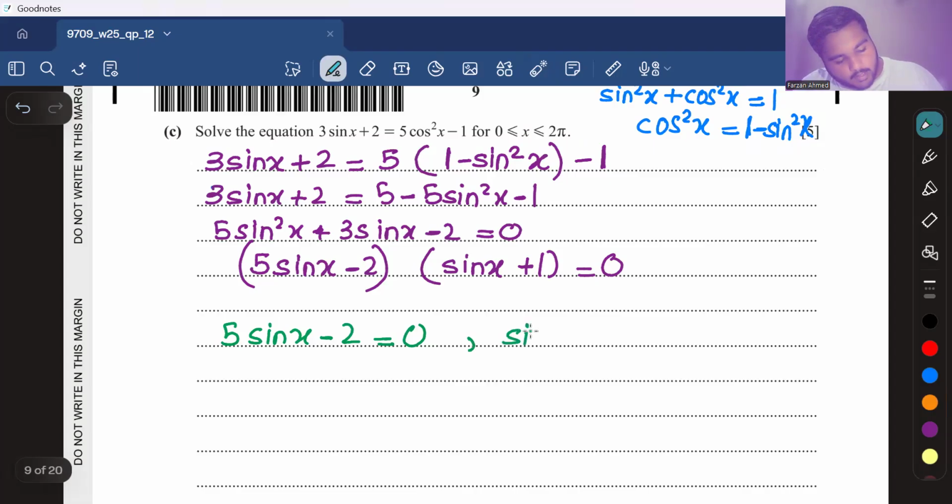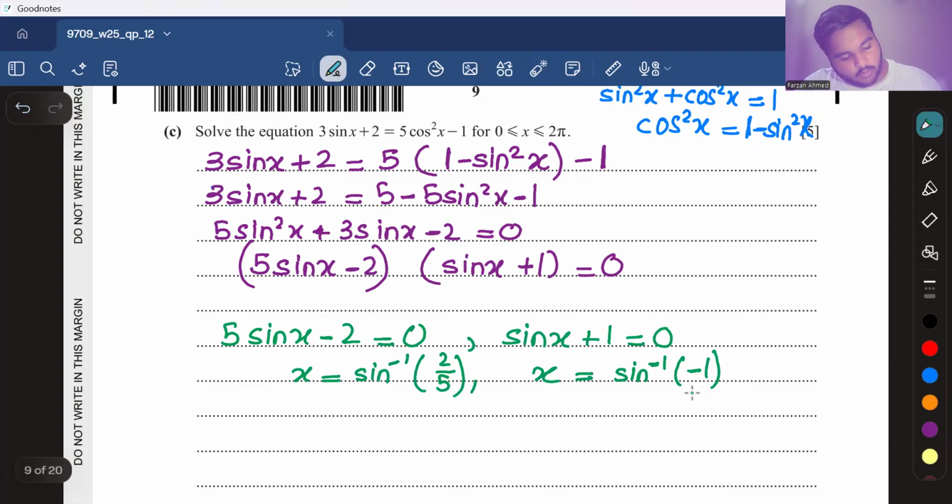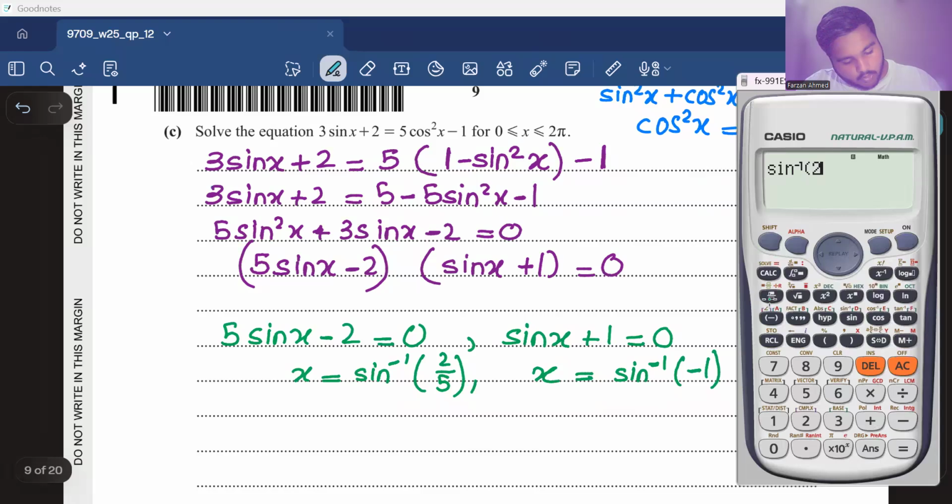And sine x plus 1 is equal to 0. So this will be x is equal to sine inverse 2 upon 5, and this will be x is equal to sine inverse minus 1. Okay, so sine inverse 2 upon 5 is equal to 0.411.